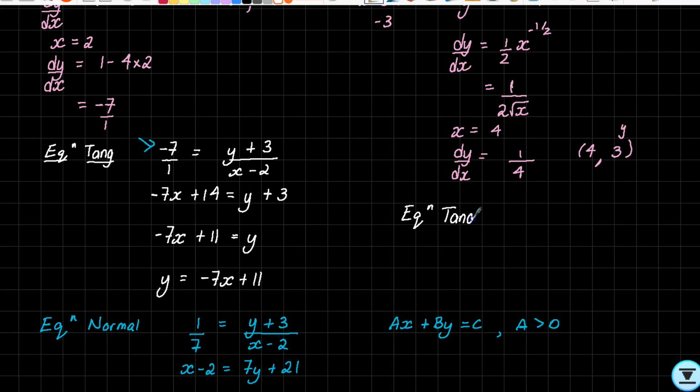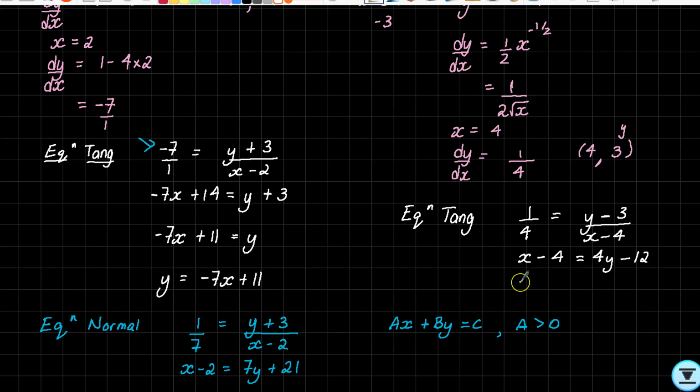And then it's going to be y take my y value over x take my x value, cross multiply, x take 4, 4 times y take 3, so that's going to be 4y take 12, and I'm going to leave that in general form, x take 4y, get rid of the take 4 plus 4, so equals minus 8. Done.